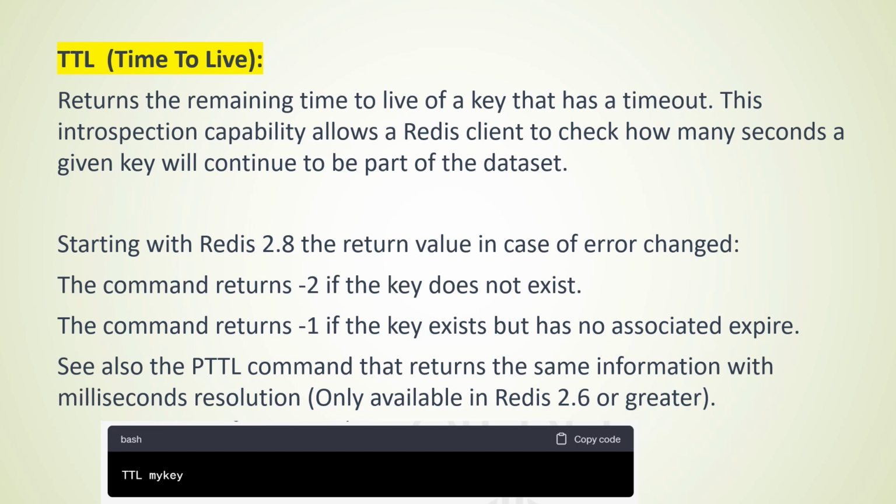Starting with Redis 2.8, the return value in case of error changed. The command returns -2 if the key does not exist. The command returns -1 if the key exists but has no associated expire. See also the PTTL command that returns the same information with milliseconds resolution, only available in Redis 2.6 or greater.